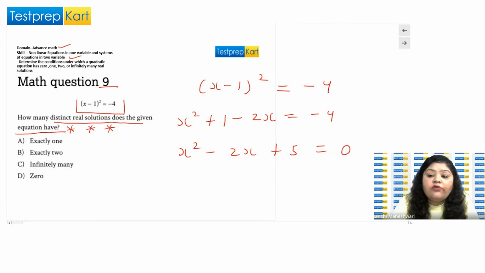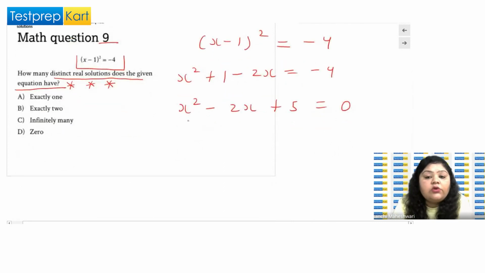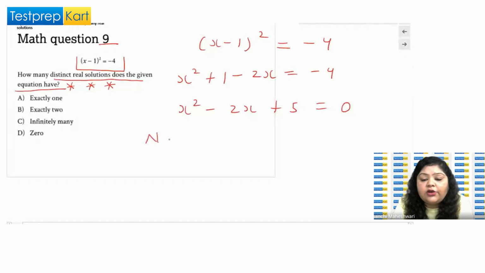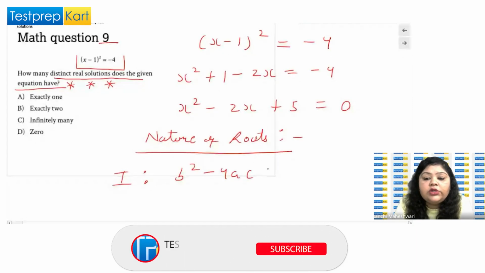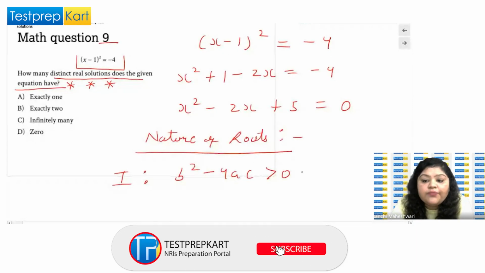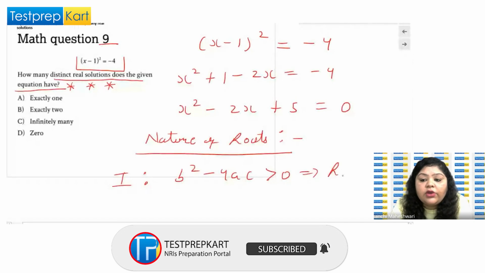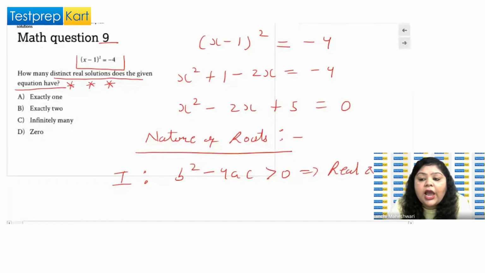For finding the nature of roots of a quadratic equation, let me write down the nature of roots. We have three different cases. Now, what are those cases? The very first case suggests if b square minus 4ac is greater than 0, then definitely we are going to have real and distinct roots.